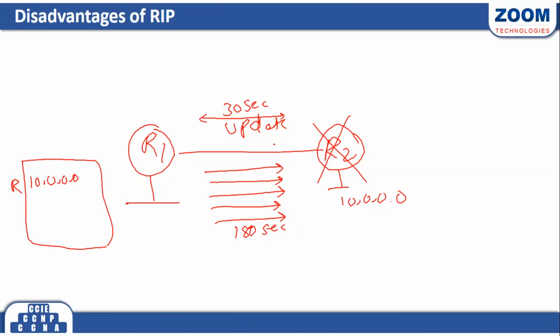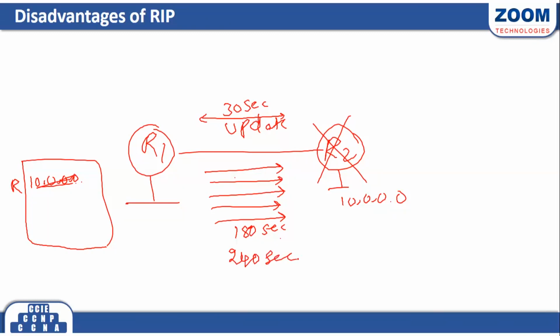After 180 seconds, R1 comes to know R2 is down, but then why do we need to maintain the 10.0.0.0 network information in the routing table? No need to maintain it. If you maintain it, it is false information now. But R1 will still maintain the 10.0.0.0 network information up to 240 seconds.